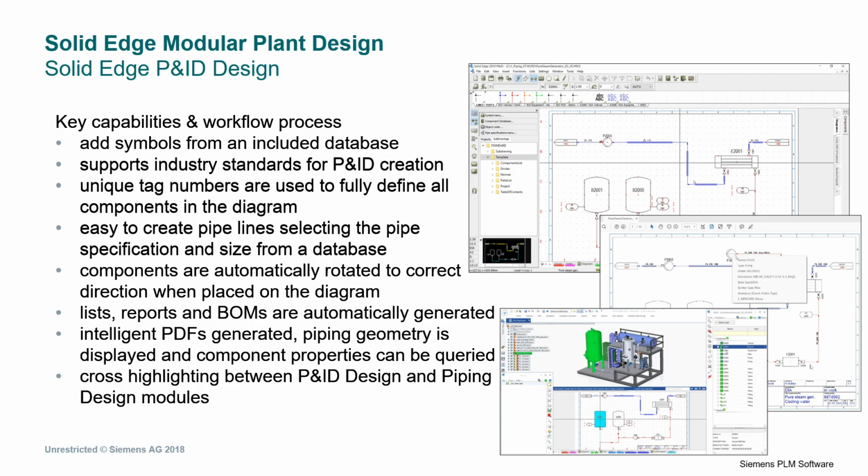We can actually automatically create components, rotate them to the correct direction, and place them in the diagram. We can create lists, reports, and BOMs. We can actually create intelligent PDFs where you can hover over it and there's tooltip text. There's also highlighting between P&ID design and piping design modules.